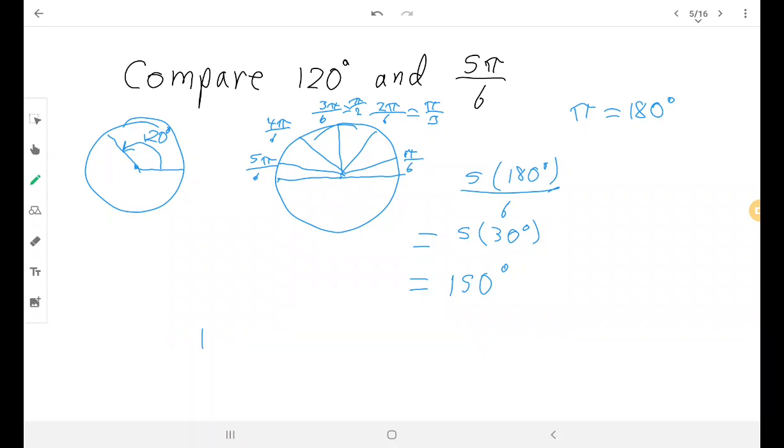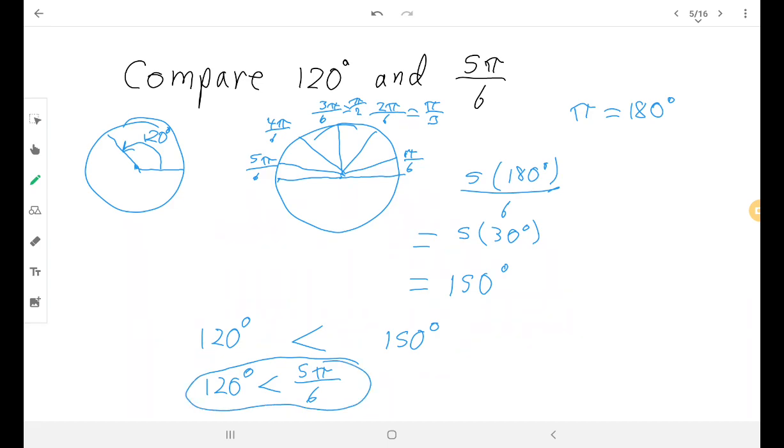And so one of them that I'm looking at is 120. One of them that I'm looking at is 150. Always point at the smaller one when you're writing inequalities. And so we get that 150 degrees is greater than 120 degrees, or 120 degrees is less than 150 degrees. Or, in other words, that 120 degrees is less than 5 pi over 6.